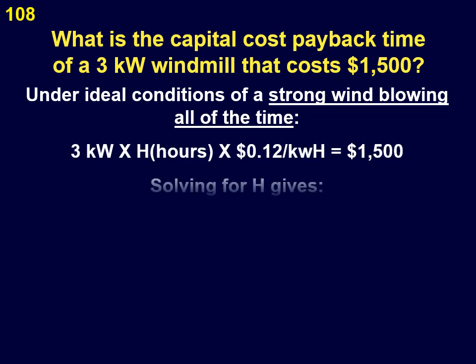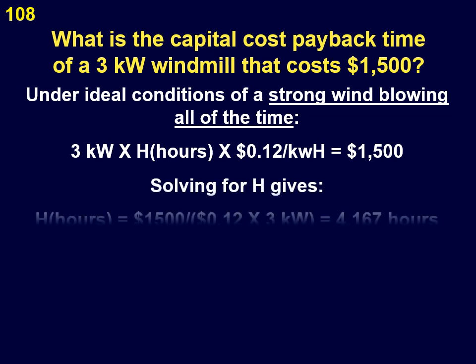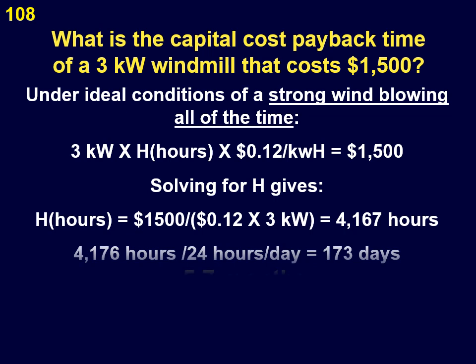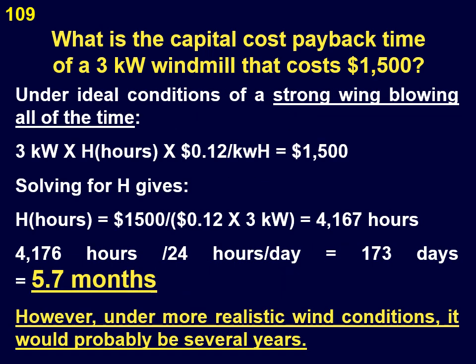Solving for H gives H in hours equals $1,500 divided by ($0.12 times 3 kilowatts) equals 4,167 hours. 4,167 hours divided by 24 hours per day equals 173 days, which is 5.7 months. However, under more realistic wind conditions, it would probably be several years.